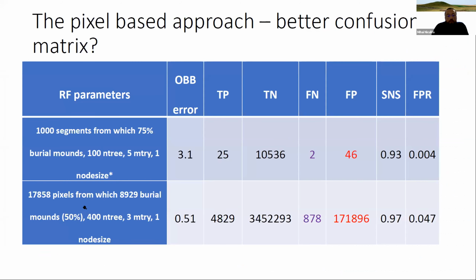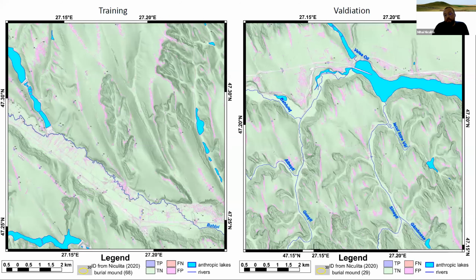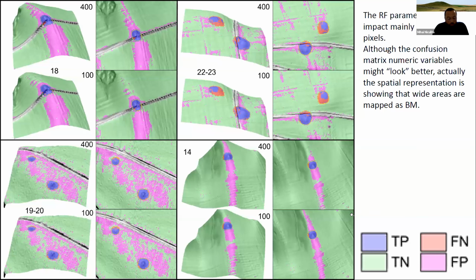Then what about the pixel approach? The pixel approach was implemented on pixels with quite the same philosophy as the random forest model. Normally, we would say that the numbers are better, but actually the big problem, when looking at the results as spatial results, is the fact that we have too many false positives.